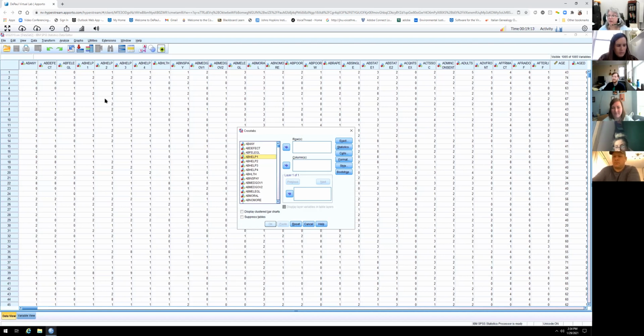So when we are in a crosstab, the rows are your dependent variable. You've got to memorize this and do not confuse these things. When we are in a crosstab, the rows are the dependent variable.